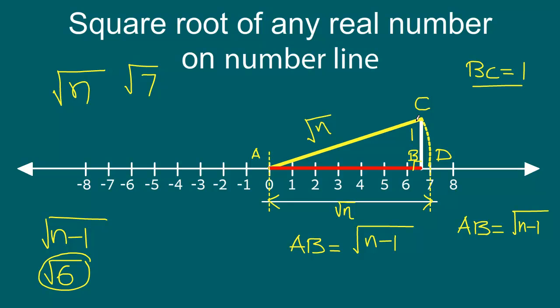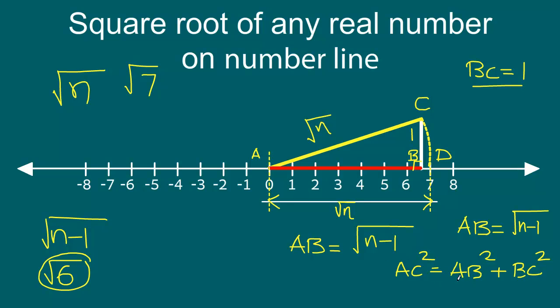The length AC by Pythagoras theorem will be AC square equals AB square plus BC square. Why is that? Because ABC is a right triangle and AC is the hypotenuse opposite to the 90-degree angle. So hypotenuse square equals the sum of squares of the other two sides.